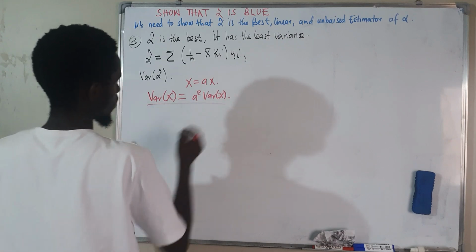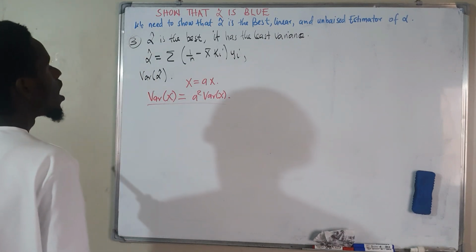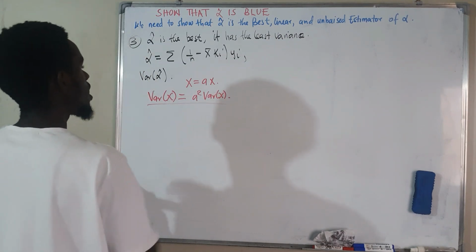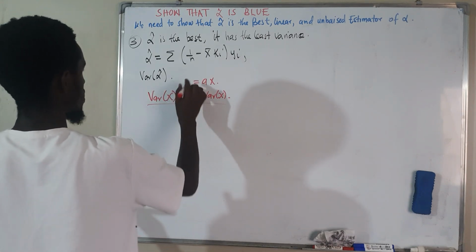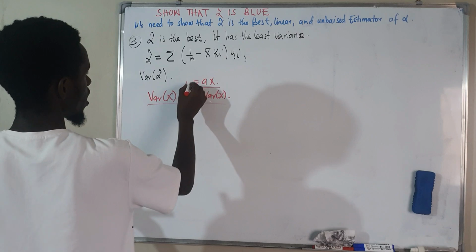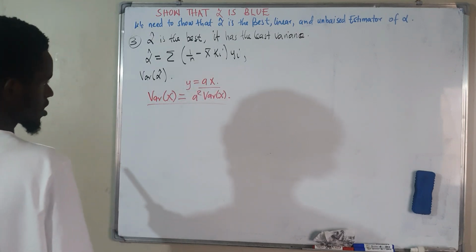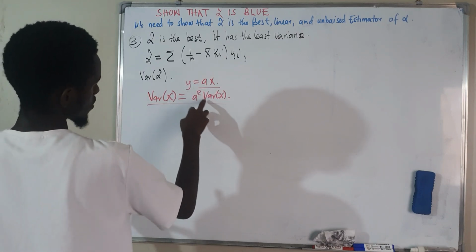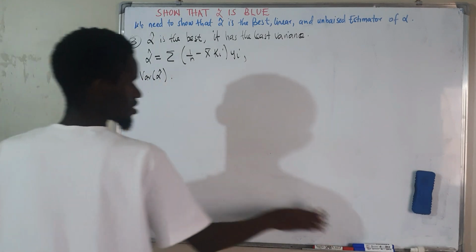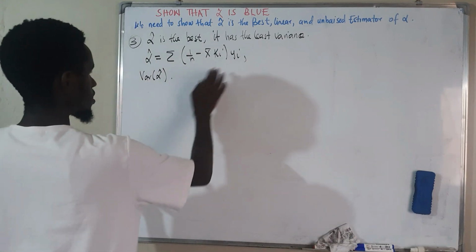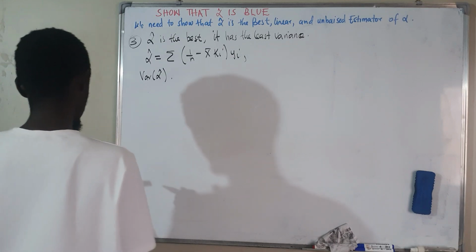Therefore, this is the rule we are going to apply here. Since this is our constant, we shall square this constant and multiply by the variance of yi.